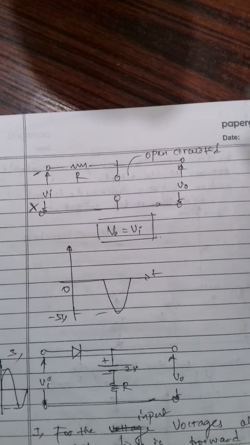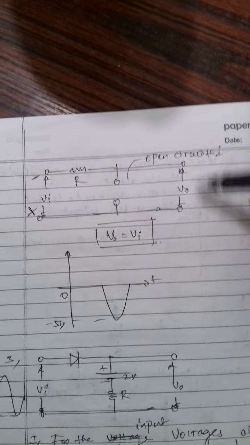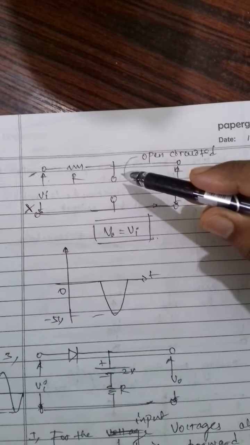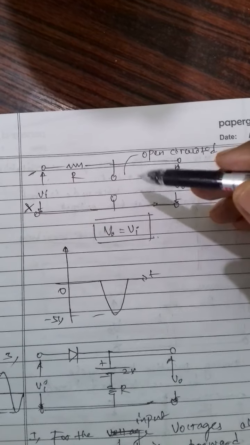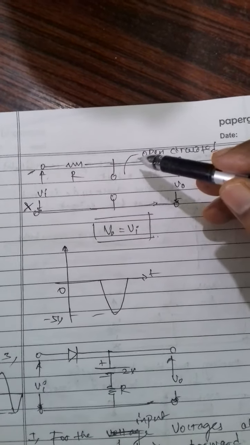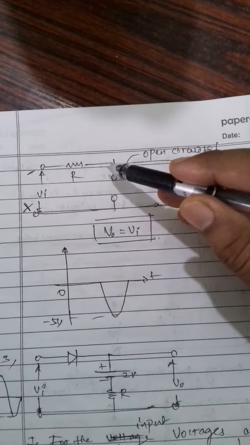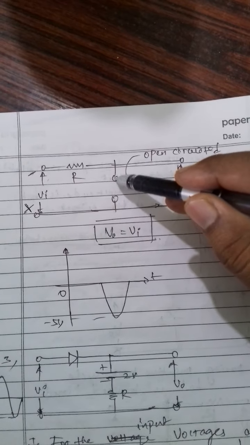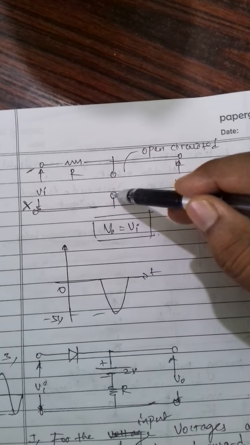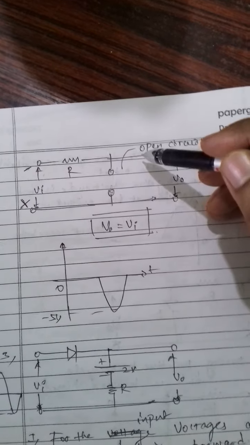Why is it reverse biased? The voltage at the anode is less as compared to the cathode, so the diode is reverse biased, and this part of the circuit is open circuited.